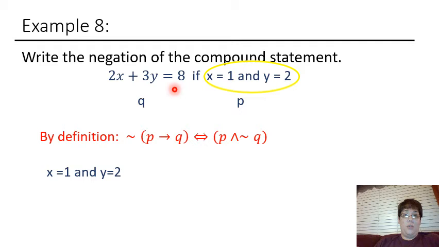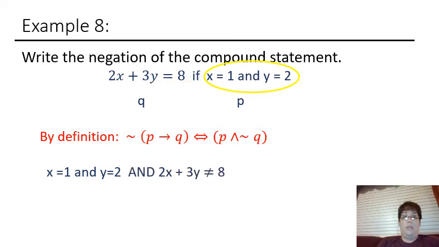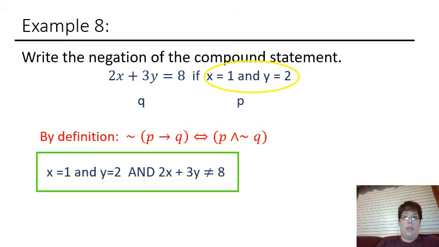If this is Q, then not Q is basically going to say that 2x plus 3y does not equal 8. So the negation of this compound statement is x equals 1 and y equals 2, and 2x plus 3y does not equal 8.